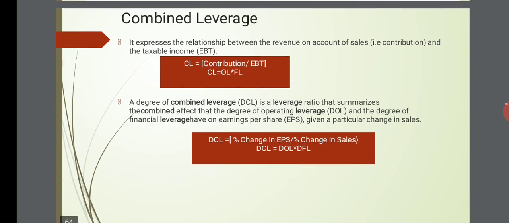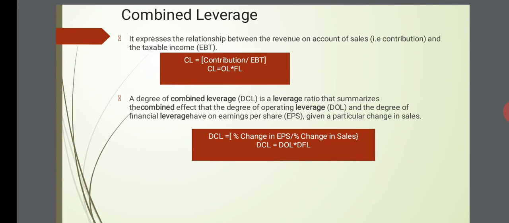Let us go to combined leverage. It expresses the relationship between the revenue on account of sales and the taxable income. Combined leverage is equal to contribution upon earning before tax, and it is also represented as operating leverage into financial leverage.